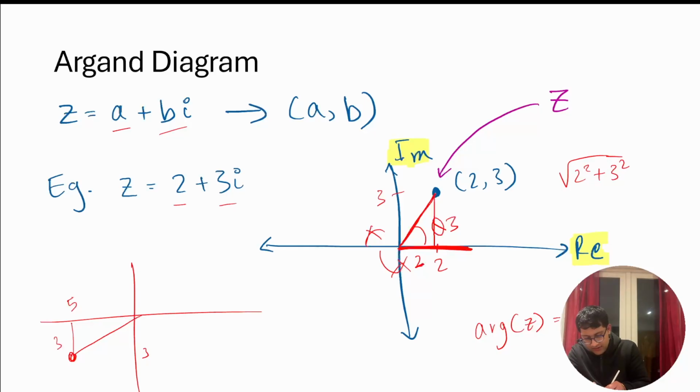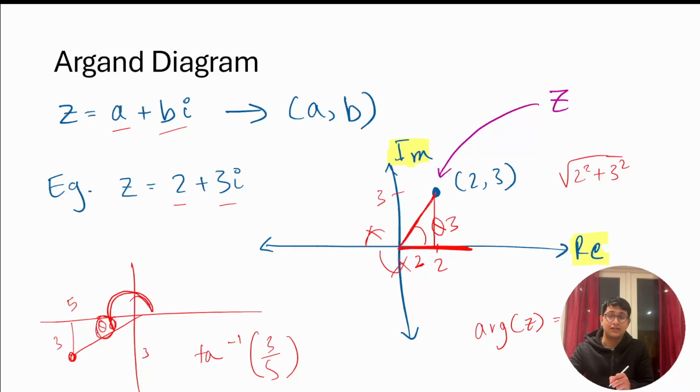So this side's 5, this side's 3. Now you could very easily do tan inverse of 3 over 5 to get this theta, but that is not your argument at all. Your argument will be all of this. So whatever you get here, plus pi or plus 180 degrees, because the argument is always from the positive real axis.